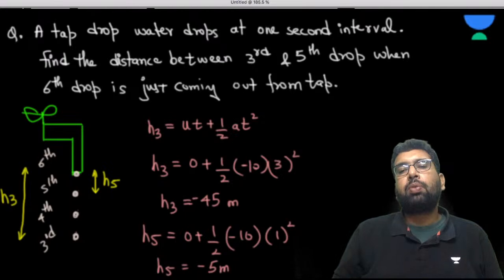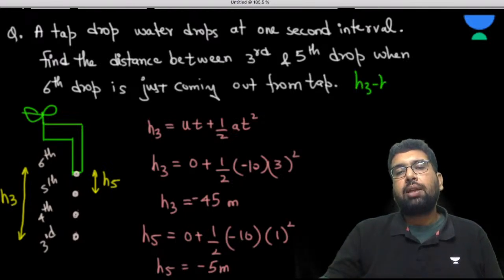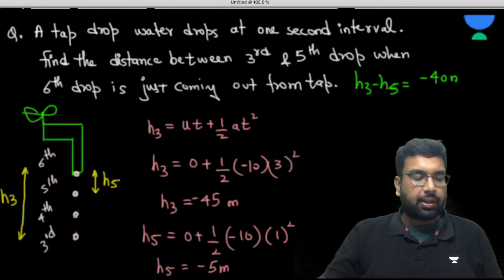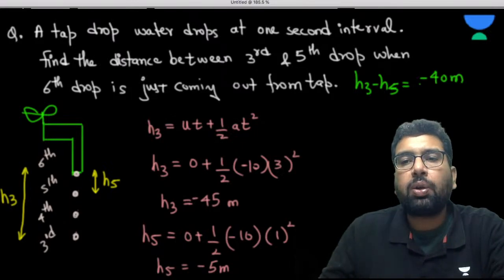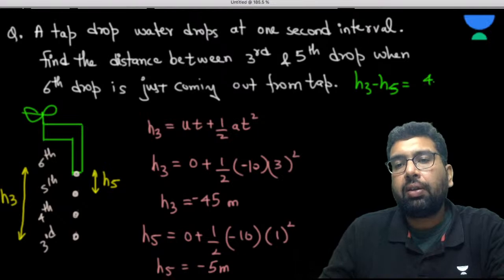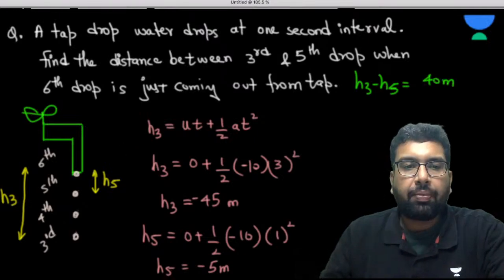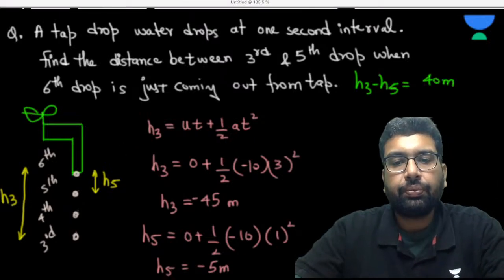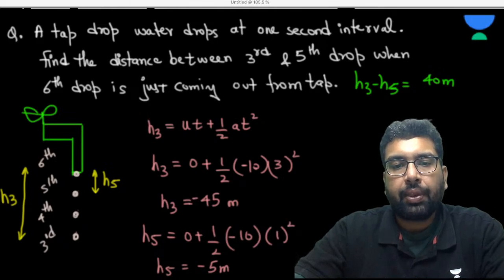So what is the difference between H3 and H5? H3 minus H5 is going to be minus 40 meter, isn't it? Or just 40 meter because you want the difference. Okay, 40 meter. Is that fine, brother? Please answer me. Right? Yes or no?